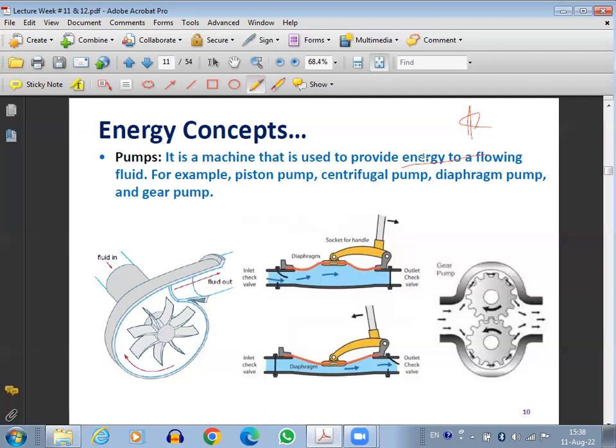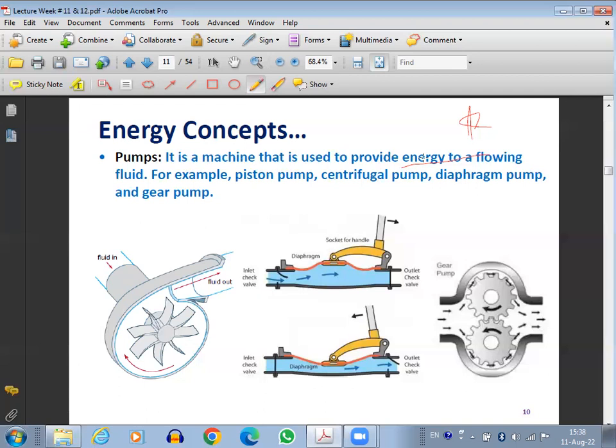Rather, if the fluid power is there, and you connect the fluid power with the turbine, it can run the generator and produce electricity. So it can extract the energy from the flowing fluid and convert it into mechanical energy, which can further be converted into electrical energy. So the two are devices which are basically opposite to each other. One uses electrical energy to produce high pressure, the other uses high pressure to produce electricity.